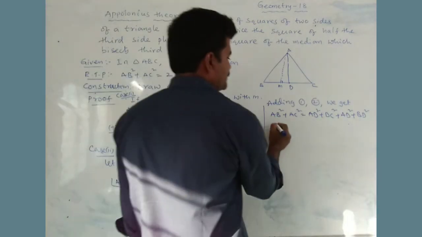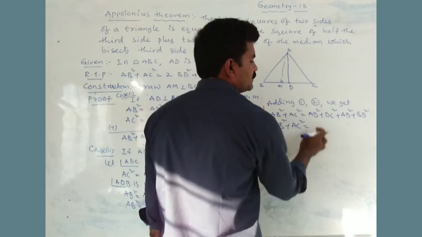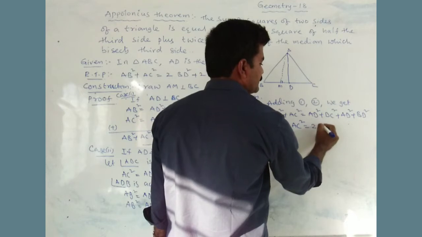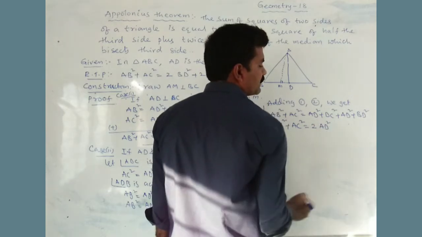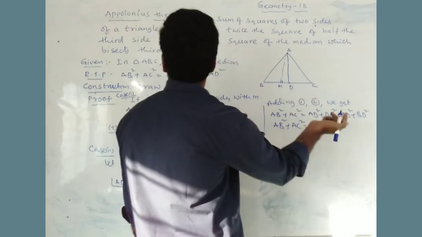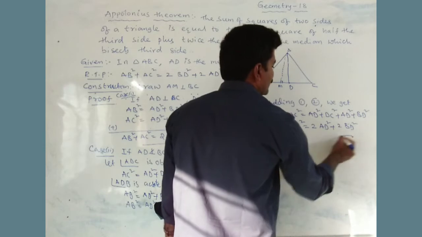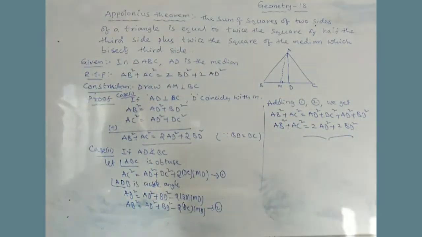Hence AB square plus AC square is equal to AD square plus AD square, which is 2 into AD square. Anyhow, BD and DC are both equal, no? Hence I can say plus 2 into BD square. So we proved even in case 2 also.